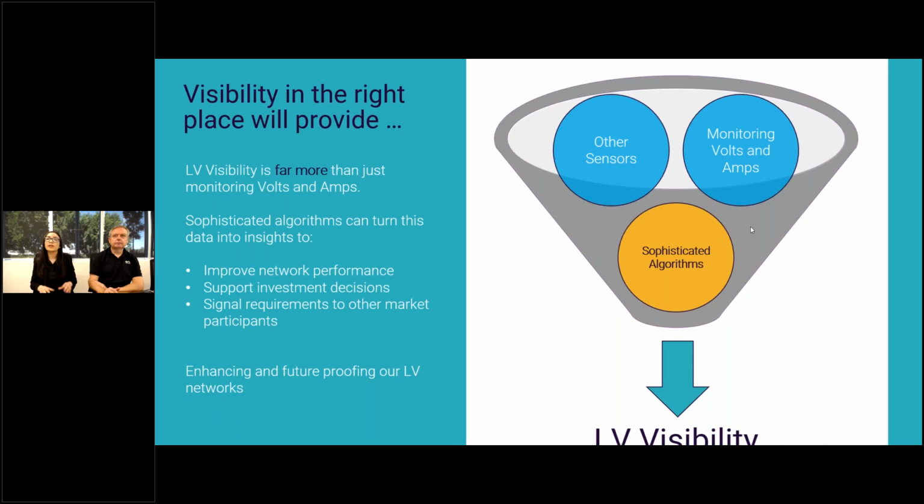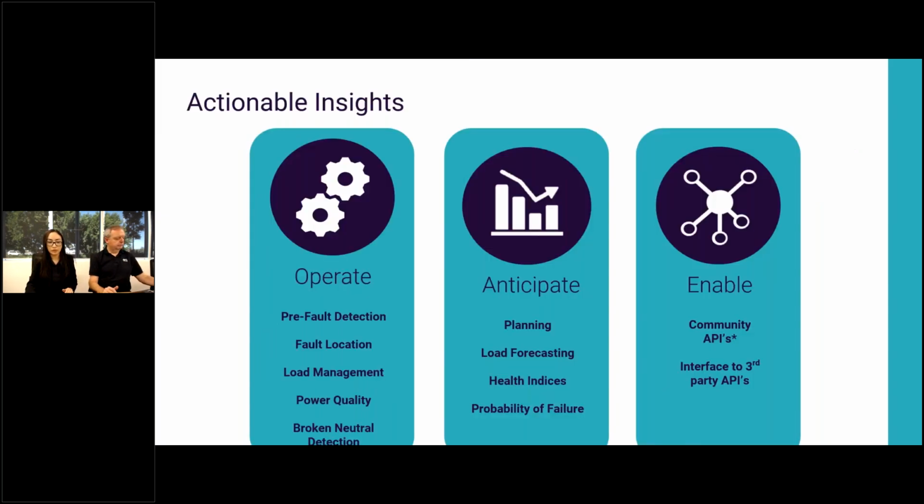So how do we put this approach into practice? We do this through what we call actionable insights. It is worth noticing here that we process and action the data locally, rather than sending a bulk of data to a cloud to then be analyzed and ultimately actioned.